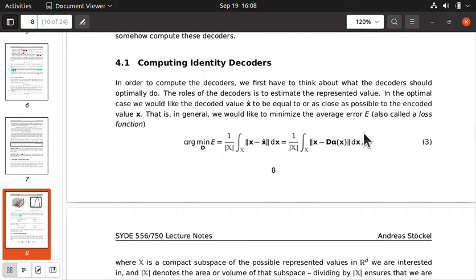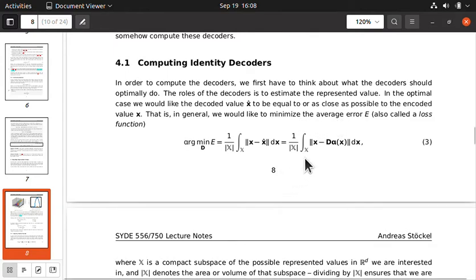Okay. So, what are we trying to do here? What we're trying to do is we say, hey, I would really like to find the decoder where the difference between X and my decoded X, and we're going to use this little hat symbol, X hat, to mean the estimated value that we decode out, okay?